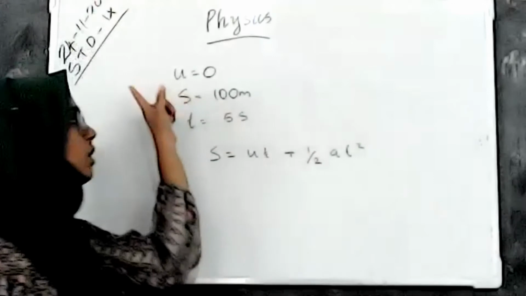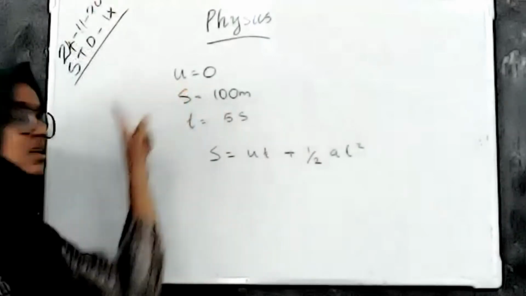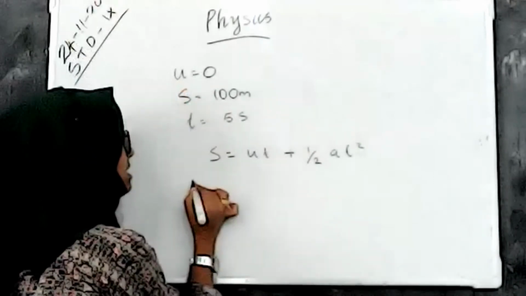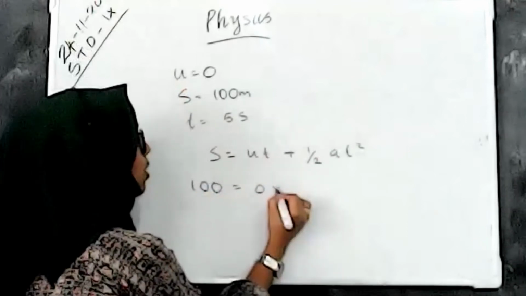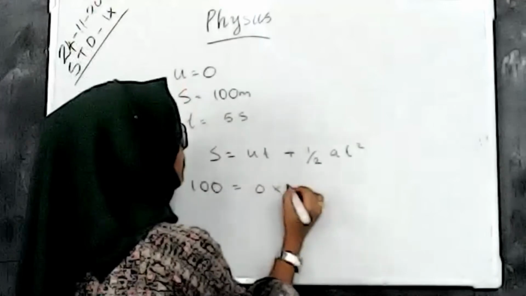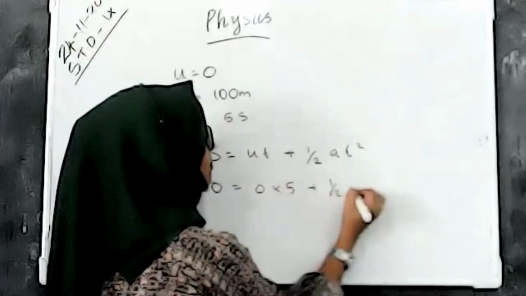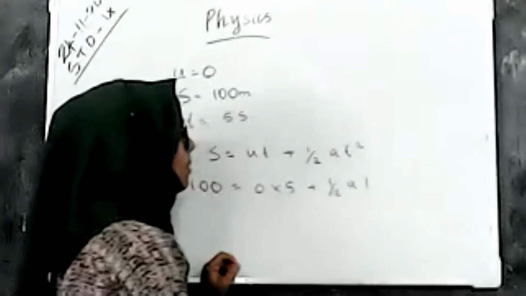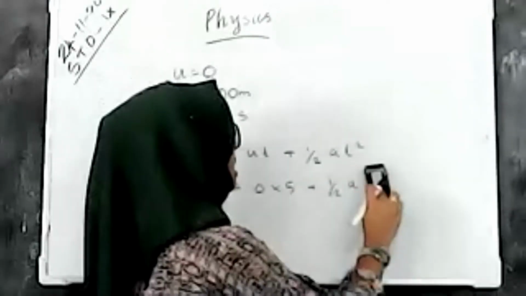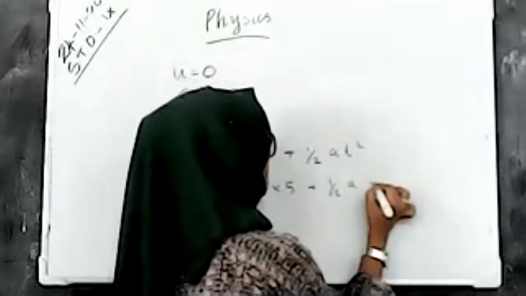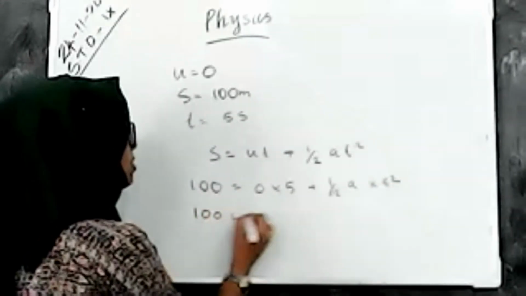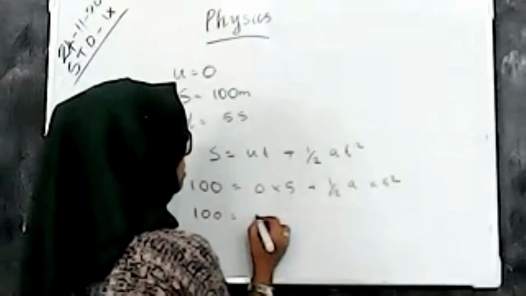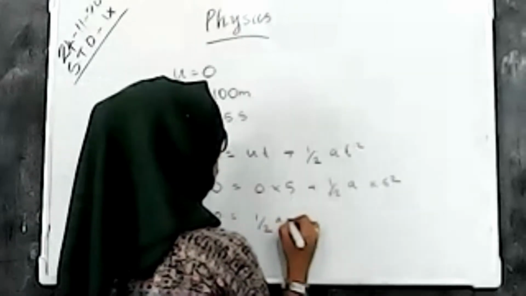First of all, put all the values given in the problem: s is 100 meters, u is 0, so 0 into 5 plus 1/2 a into t², that is a into 5². So 100 is equal to, this term becomes 0, so 1/2 a into 25.